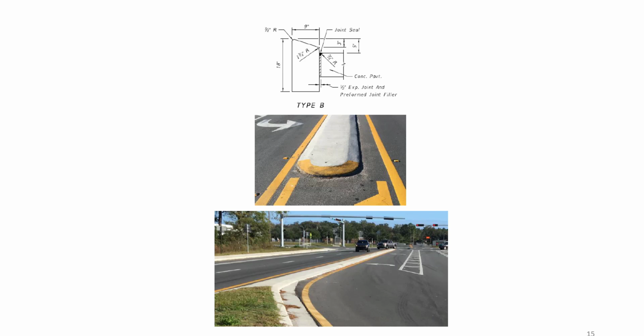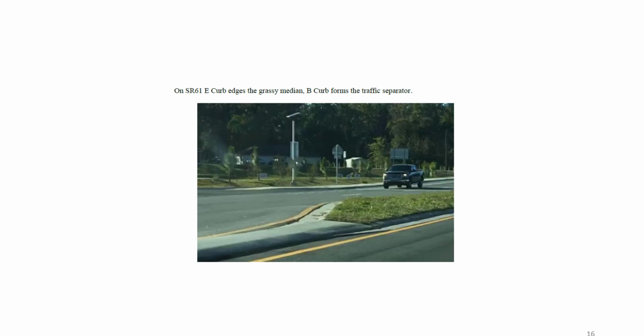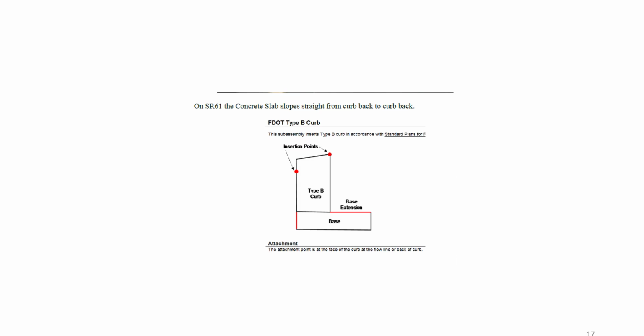The SR61 traffic separator design that we will be using will be the Type B curve. On SR61, the curb edges, the grassy median, and the B curb form the traffic separator. On SR61, the concrete slab slopes straight from curb back to curb back. The attachment point is at the face of the curb at the flow line or back of curb.